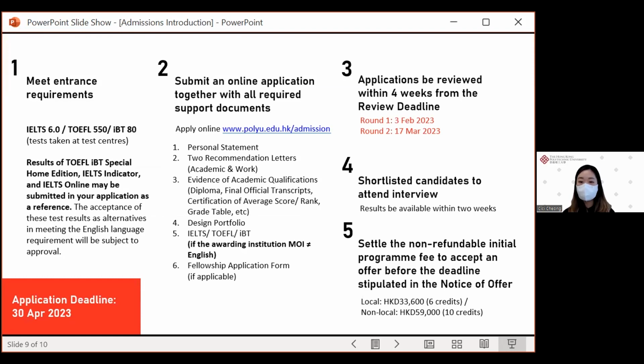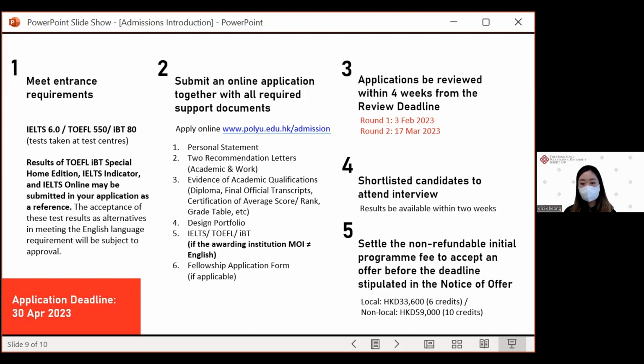Then you need to submit the online application together with all the required supporting documents, for example, personal documents, 2 recommendation letters, preferably one academic and one for work, and the evidence of the academic qualification, for example, your degree or diploma certificate, etc. And your transcript, and also if the medium of instruction of your institution is not English, you need to provide the English test result for our reference as a requirement.